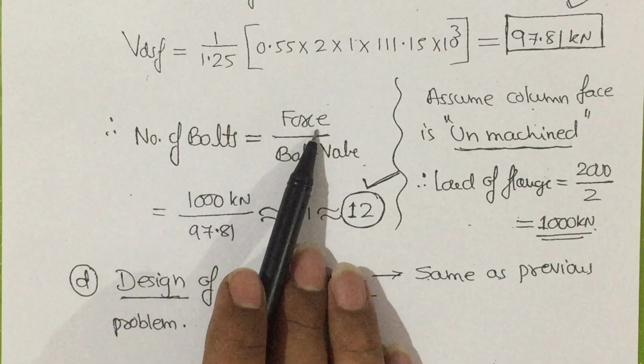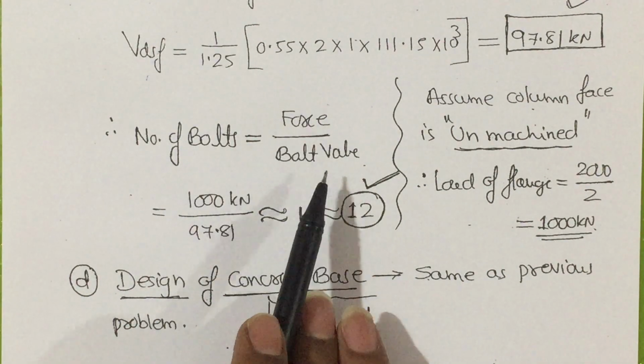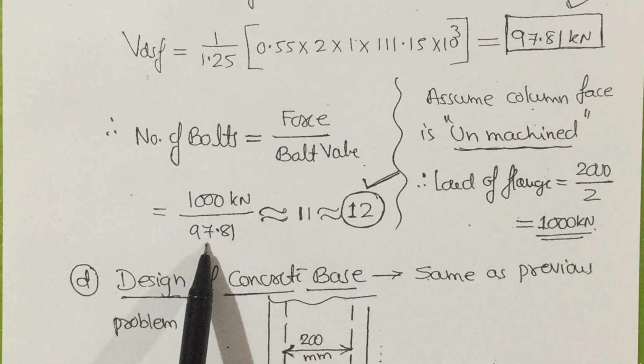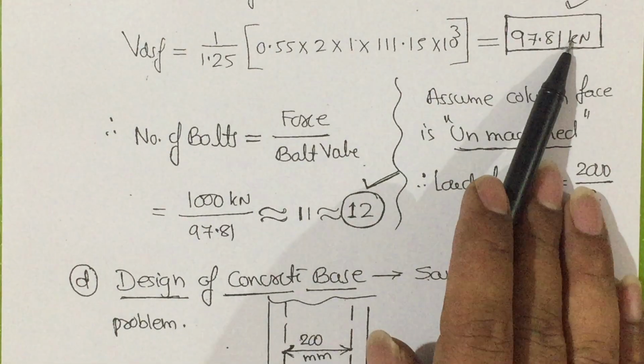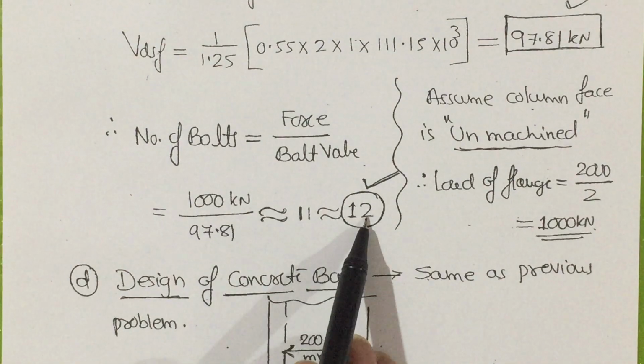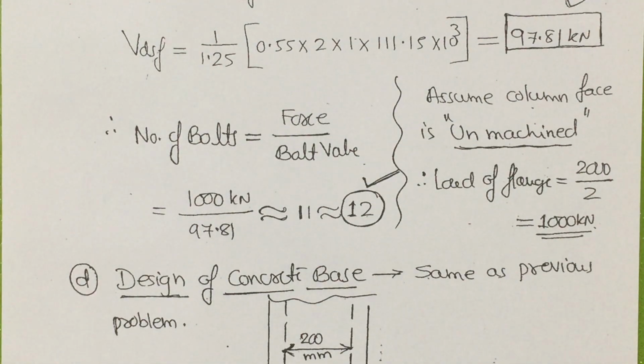Therefore, number of bolts is equal to force divided by bolt value. The load on the flange is 1000, divided by the bolt value we got, 97.81. So approximately we are going to get 11, round off to 12.